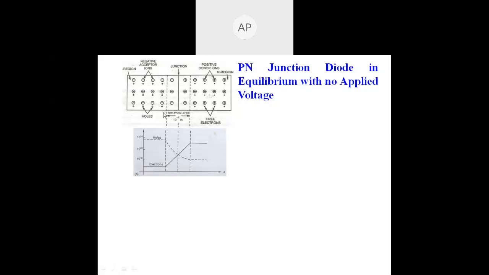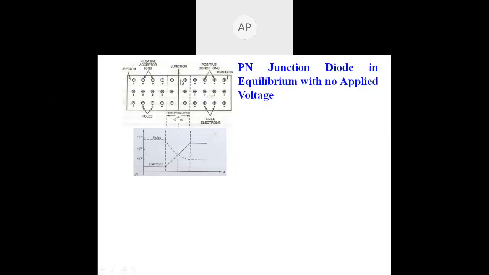If you observe, electrons move from the N region to the P region, and holes move from the P region to the N region. So electrons move from right to left, and holes move from left to right. Here majority carrier combinations take place, and the minority carriers are also there.